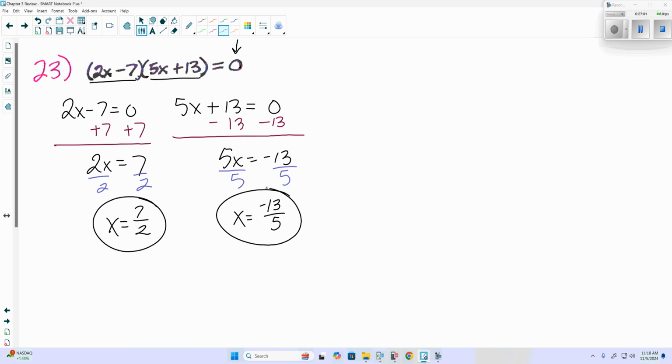We just split it, because two things multiplied together equals 0, so one of them has to be 0. Set them both equal to 0, solve for x, and you are done. Questions on any of these here? Okay.